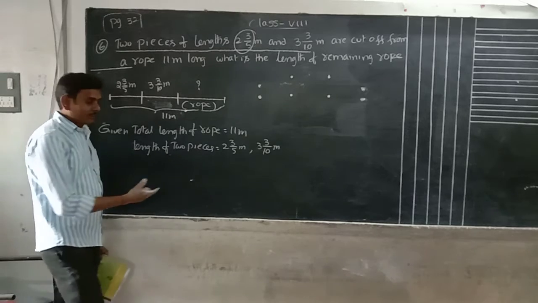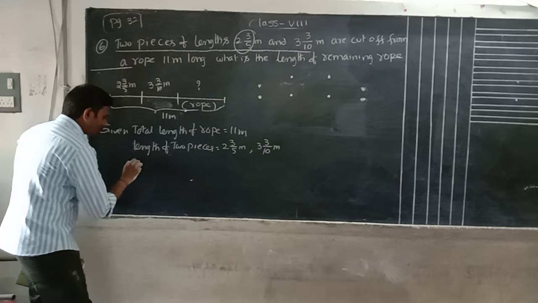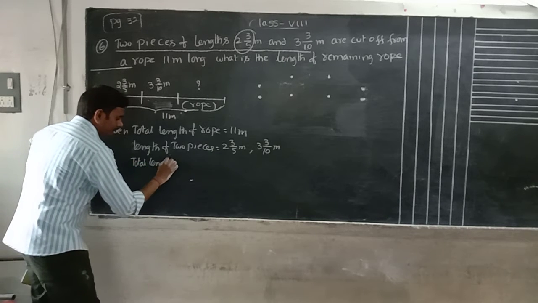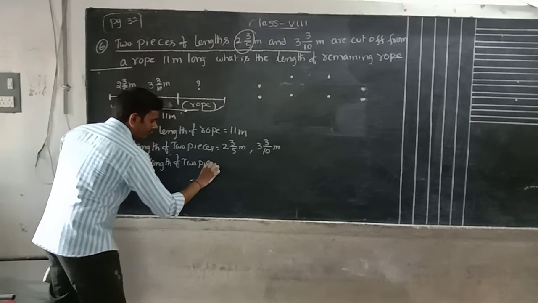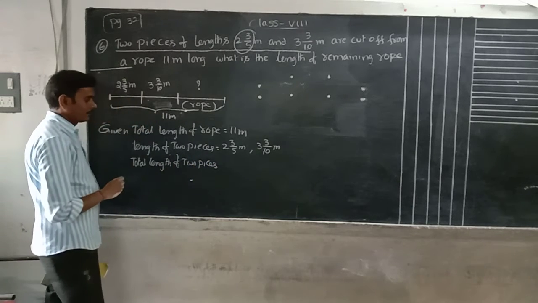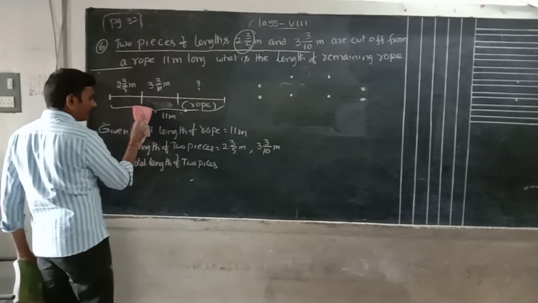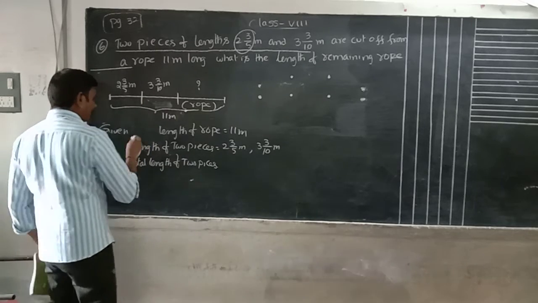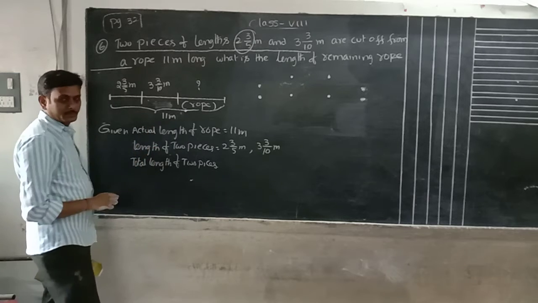Now I want to calculate the total length of the two pieces. The actual length of the rope is 11 meters.